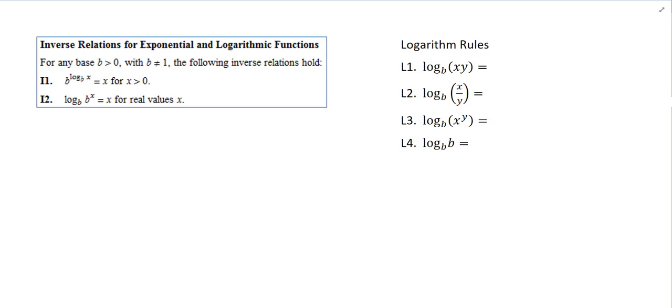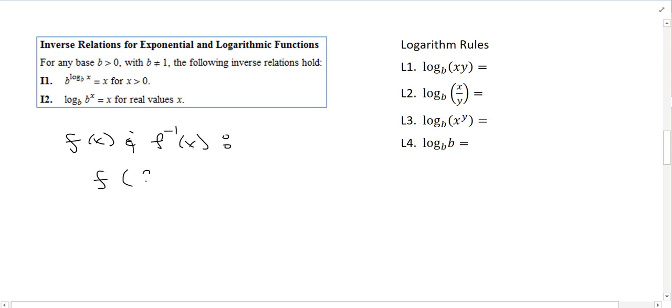And this comes from when two functions are inverses. So f of x and f inverse of x have the property that f of f inverse is x and f inverse of f is x. So that's what's going on here.